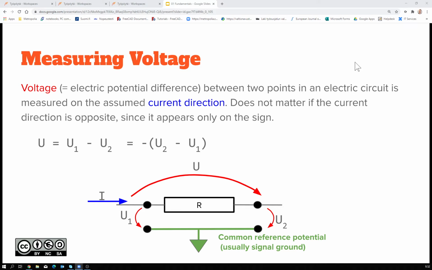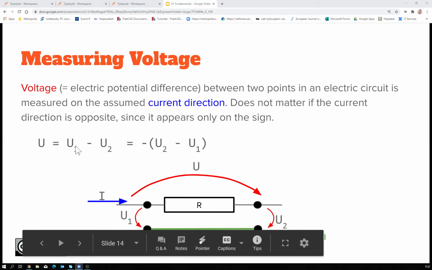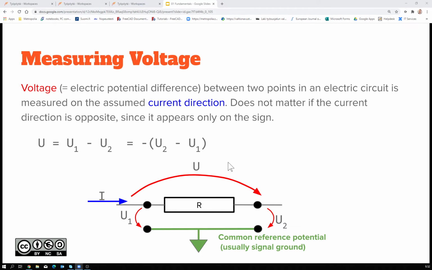Simple calculus: U1 minus U2 is minus (U2 minus U1). So you just switch the measuring terminals, then the sign is just different.